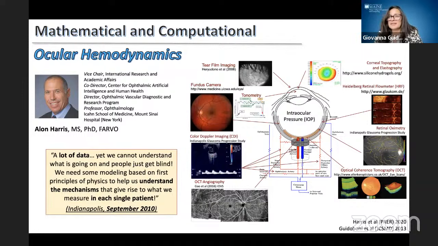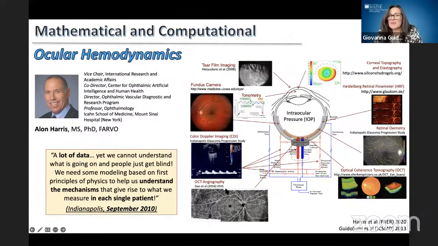But the problem is that it is not possible with the tools that we have right now to actually combine this data together and understand what are the mechanisms that give rise to specific data, to specific measurements in every individual, and understand why, for example, certain people may have similar measurements with one machine, but one person may lose vision and the other one doesn't. So that is how my adventure in ophthalmology started.